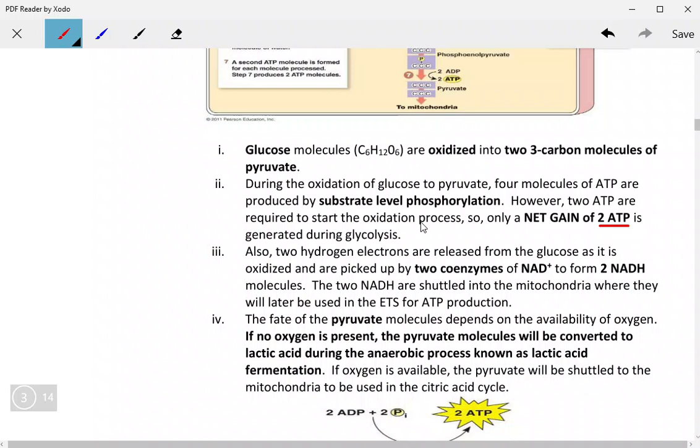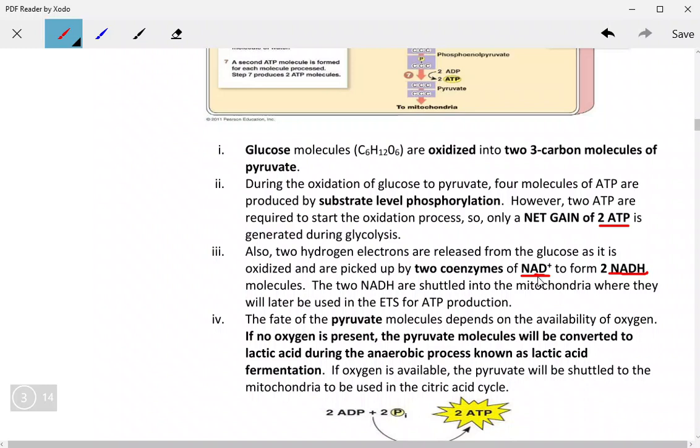Remember that, okay? And not only will 2 ATP molecules be produced, we will also see the production of the reduced form of that coenzyme that I talked about before, NADH. So remember, NAD plus is a coenzyme. It carries hydrogen electrons.